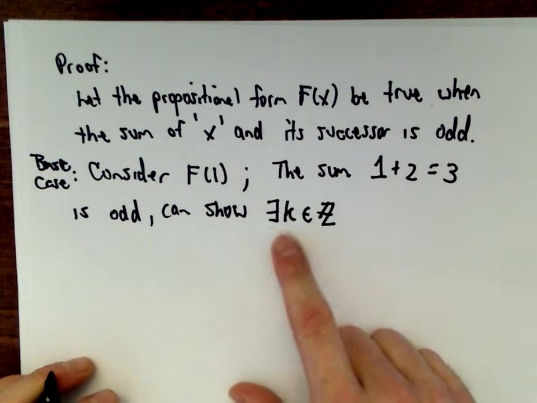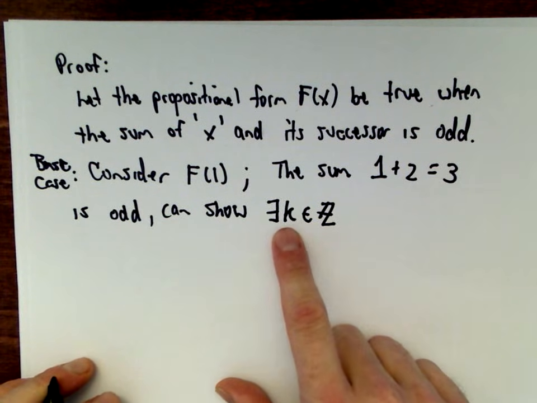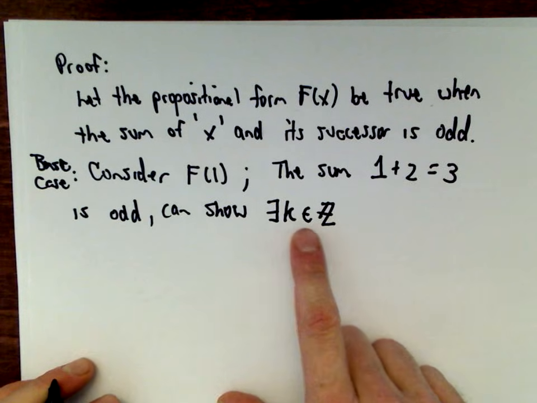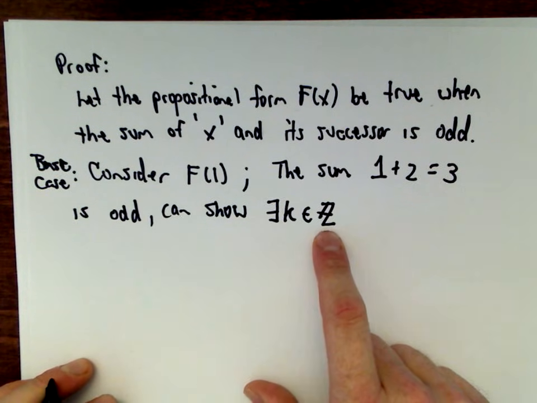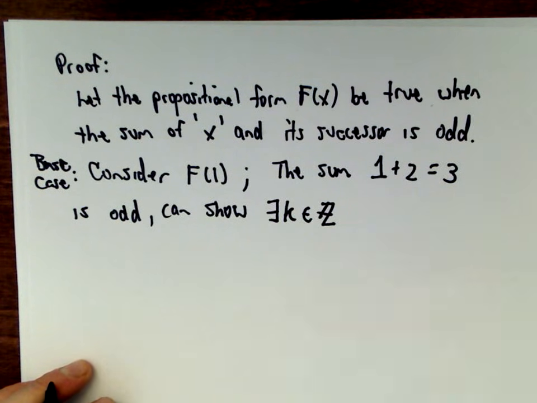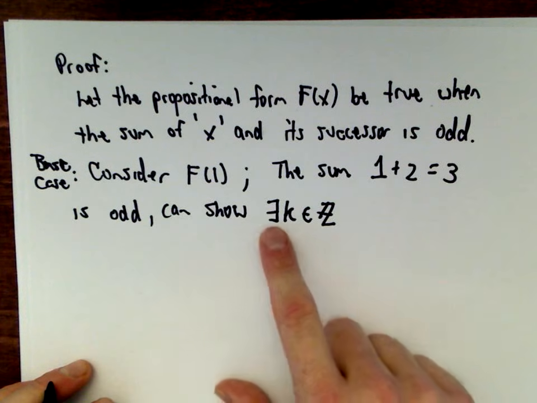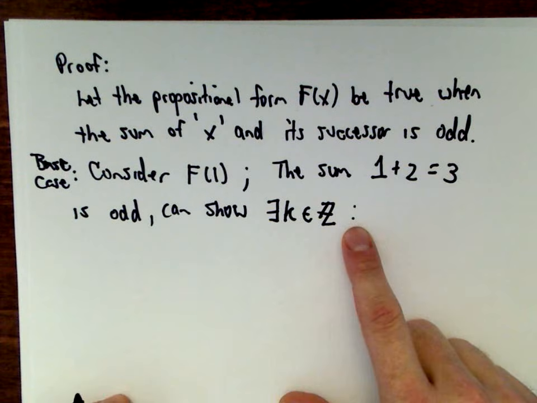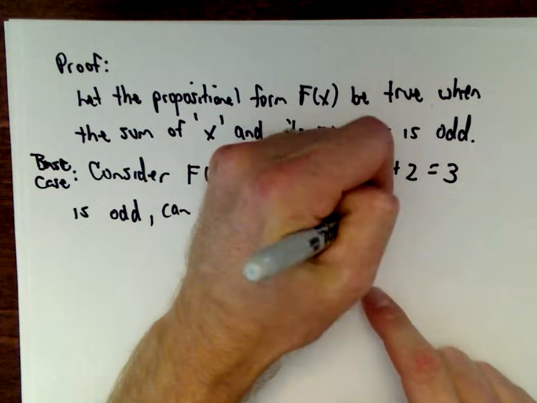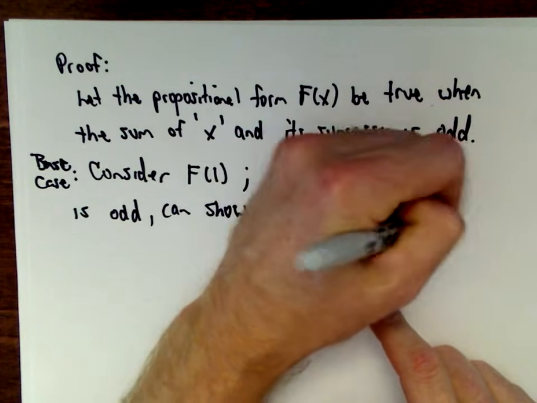From the previous video, remember this little backwards e means there exists some k belonging to the set of integers. We can write that as a capital Z. So we can show that there exists some integer such that, you can read the colon as the words such that, 2k plus 1 equals 3.